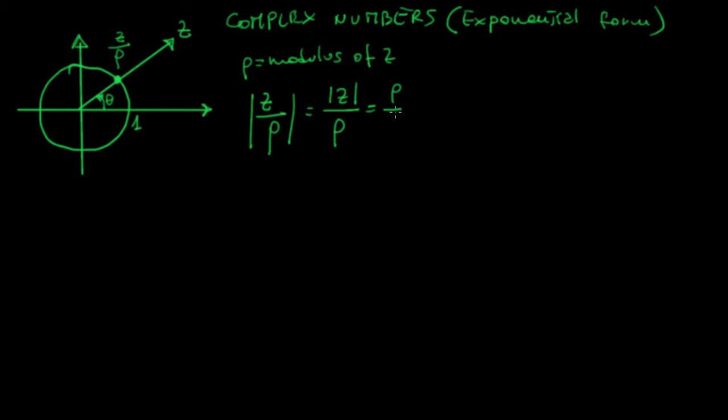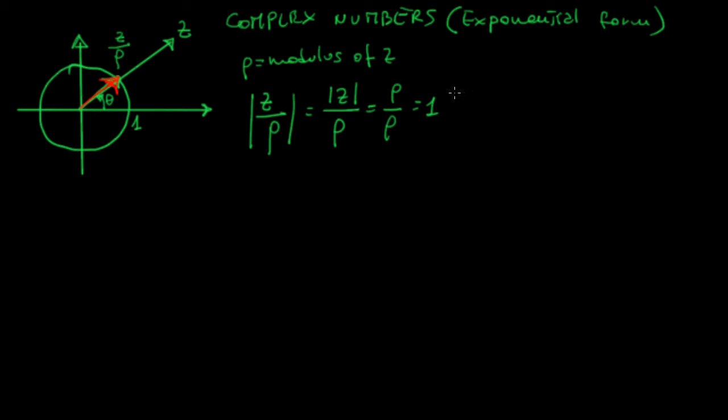So this is rho over rho, which is 1. So this vector here, in red, is the corresponding vector to z, but with the modulus 1.